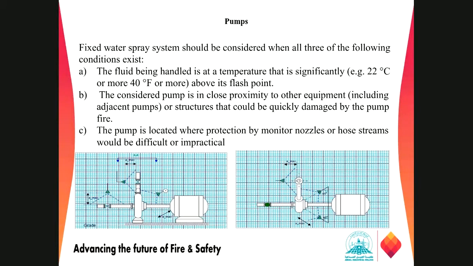Because if there is a leakage from the pump at this location, the liquid is already pressurized. If it goes out at high pressure, it will catch fire. Once it catches fire, we need to protect that one, right? So we have a spray nozzle at the same locations just to cool it, so that the fire will not spread in this area.